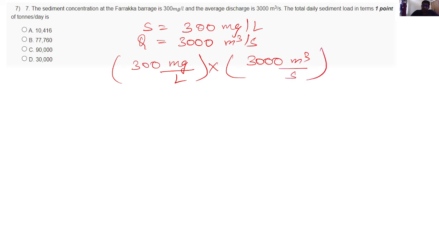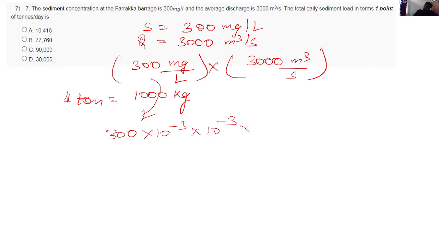Just multiply these two things to get the final answer. Now the units are not consistent, so we need to firstly make the units consistent. They want the answer in tons per day. 1 ton is equal to 1000 kg. So firstly convert this 300 milligram into tons. 300 into 10 power minus 3 gives grams, into 10 power minus 3 gives kilograms, into 10 power minus 3 gives tons.